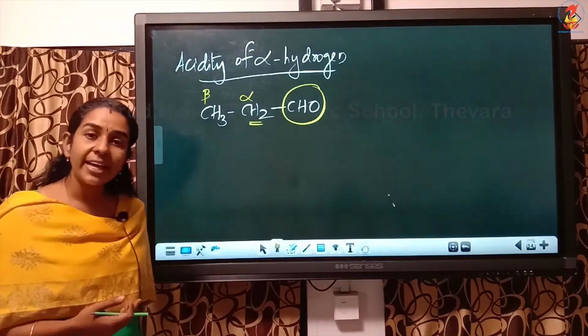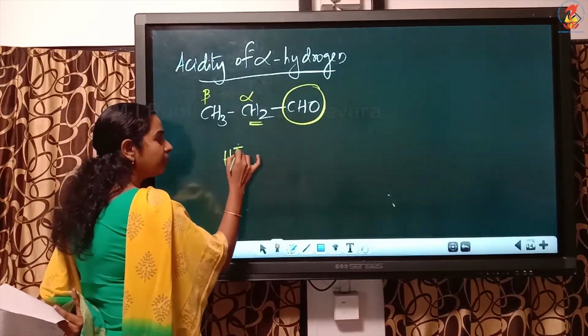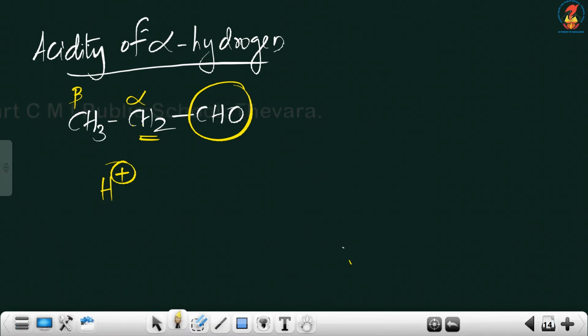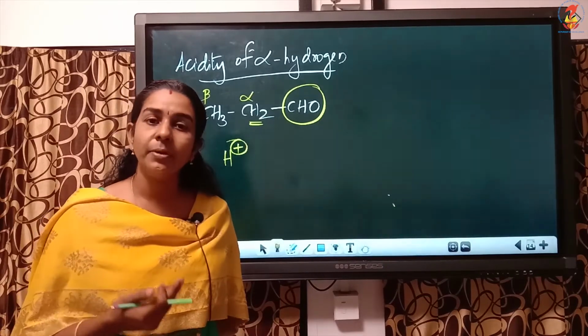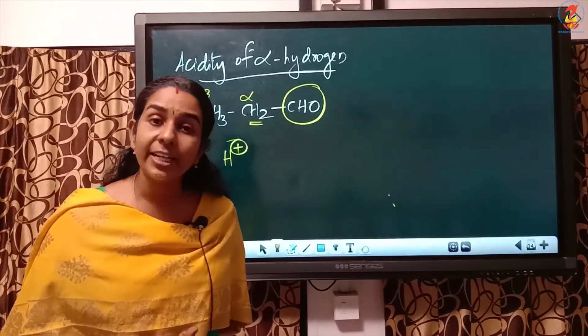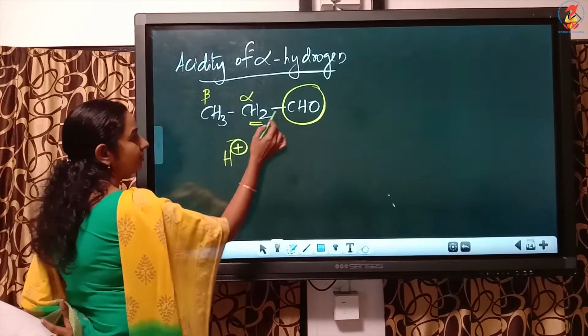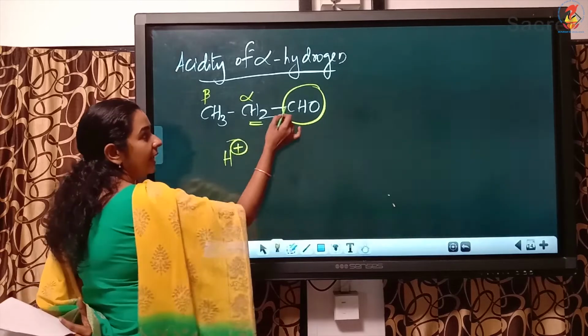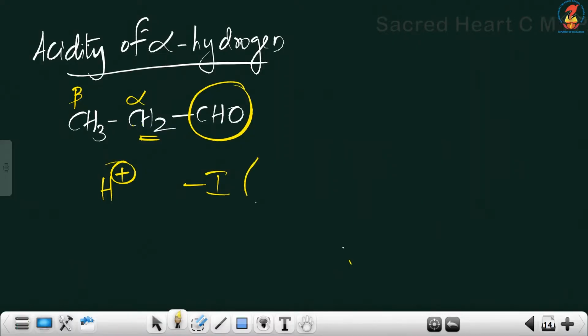What do you mean by acidic in nature? Because they can easily release H plus ions. So, alpha hydrogen atoms are acidic in nature means alpha hydrogen atoms can be easily released as H plus ions. Why? The reason is, we know that the aldehyde group or keto group is minus I or electron withdrawing in nature.